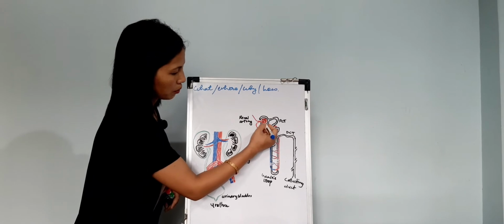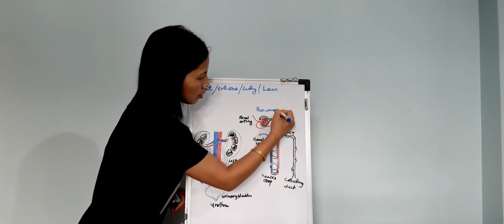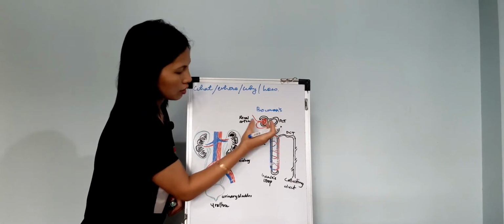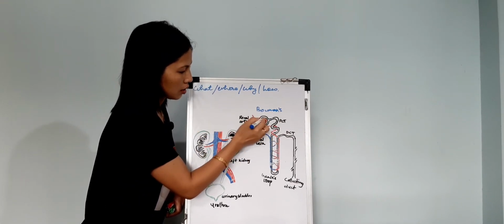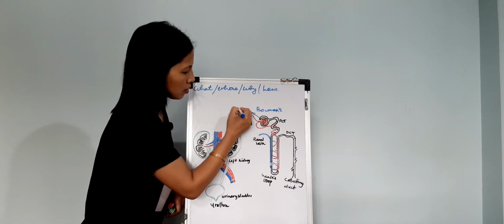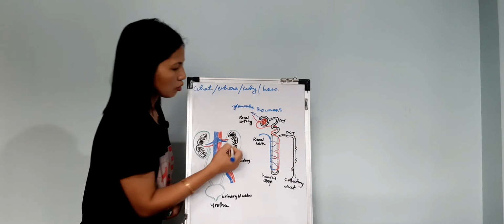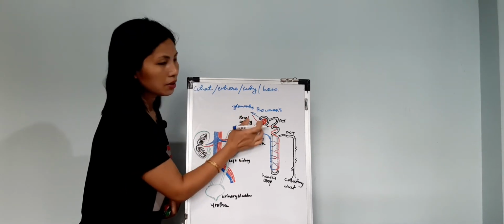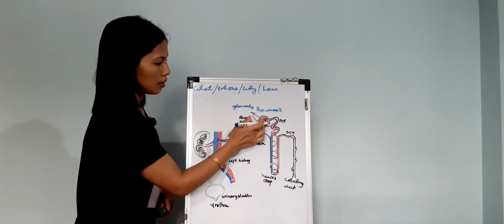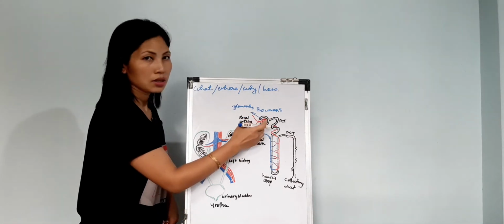The first important part is the Bowman's capsule. This Bowman's capsule is a cup-shaped structure which contains the glomerulus. The renal artery brings the impure blood, and inside the Bowman's capsule the glomerulus filters it.